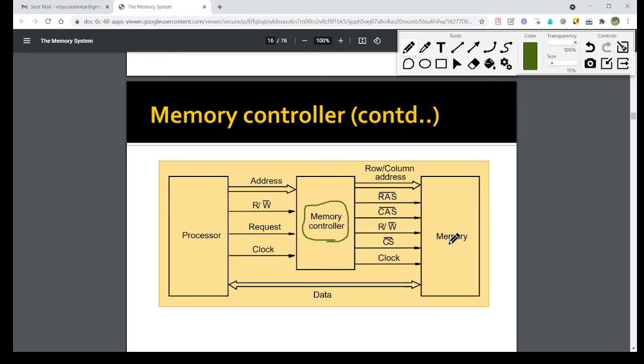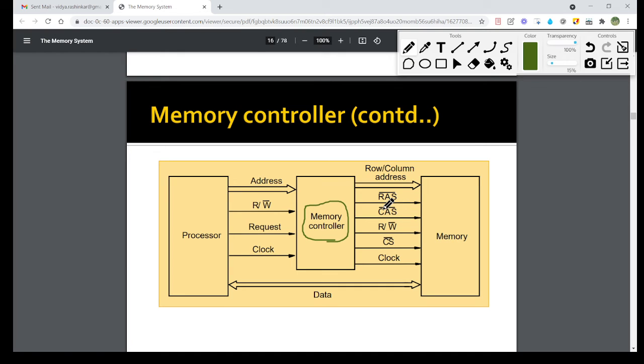The total address is taken from the processor and fed directly to the memory controller. From the memory controller, it is taken as the row address and column address. Depending upon the row address and the column address, the control signals are selected.